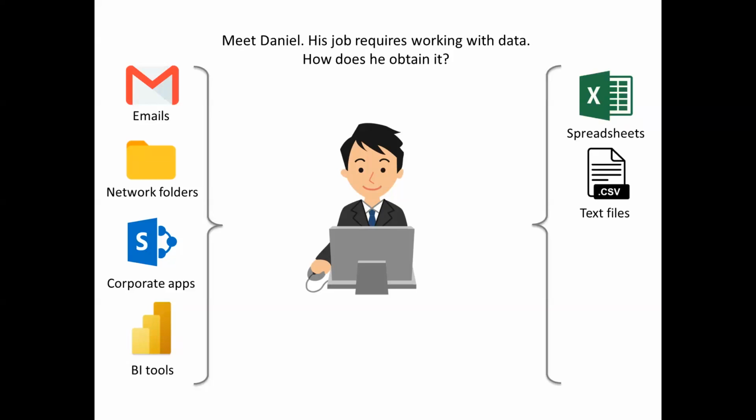Text files, also quite common, especially in cases when there are reports or extracts generated by SQL queries from a database. They generate text files and again dump them somewhere on the network. SQL databases, for those who can write SQL, can be an available source of information.